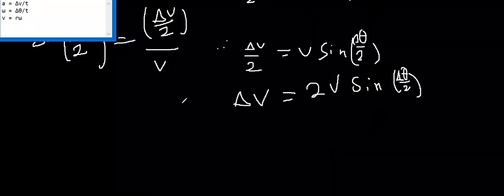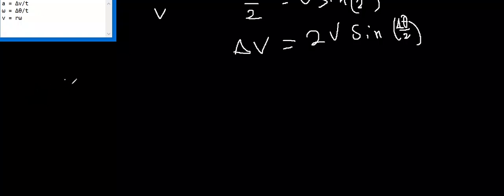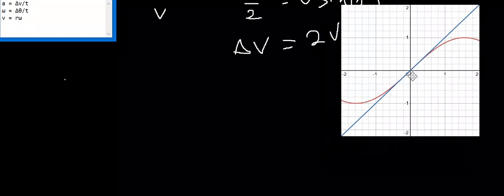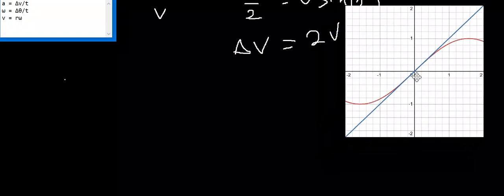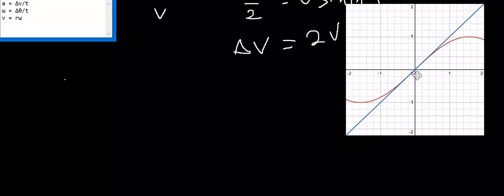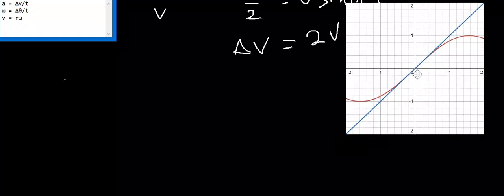And we know that as the sine of x approaches 0, it becomes closer to just x, which you can see here. Blue is just y equals x, and red is equal to sine of x. And you can see that as it gets closer to 0, then it equals x.